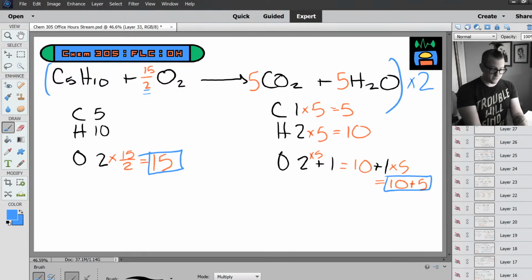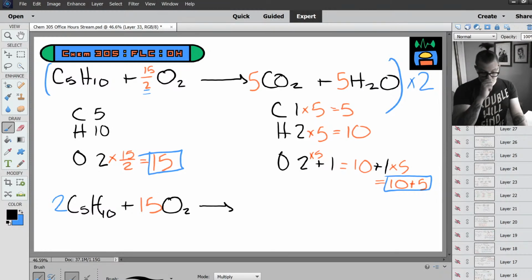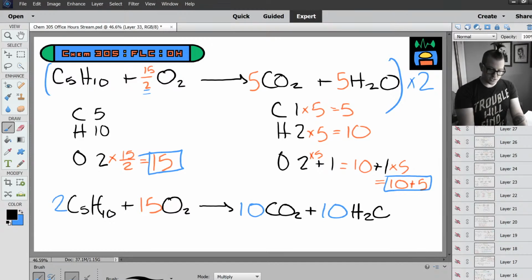So our final answer will be 2 molecules of pentacarbon decahydrogen plus 2 times 15 halves, which is 15 molecules of O2, producing 10 molecules of CO2 plus 10 molecules of H2O.